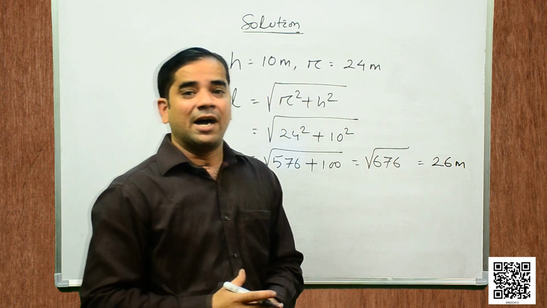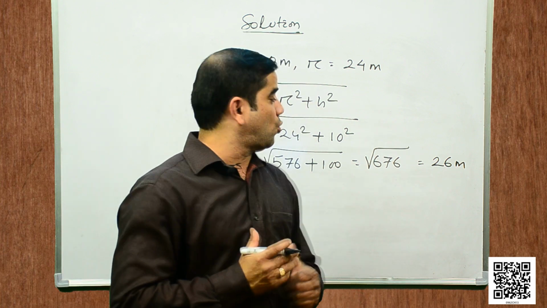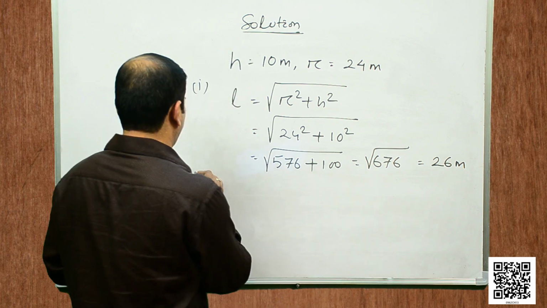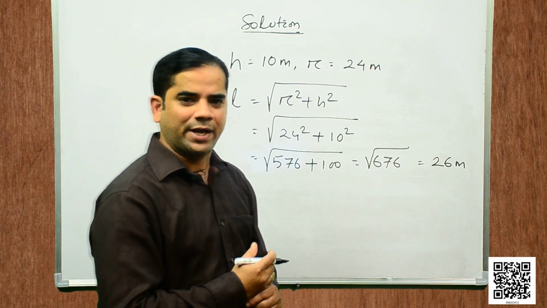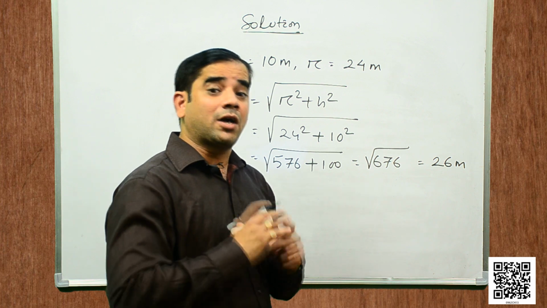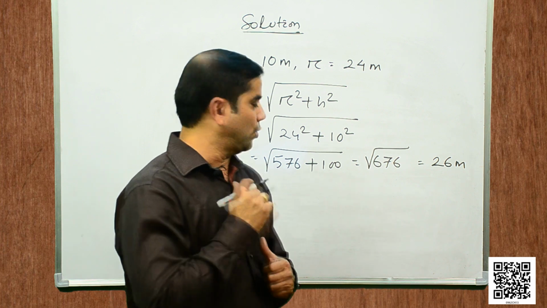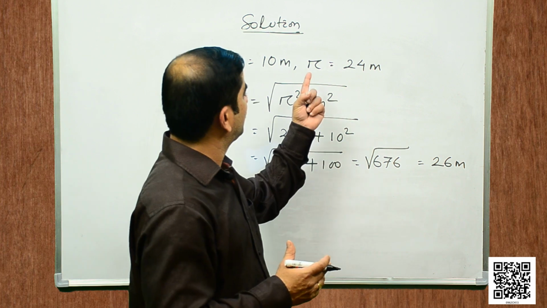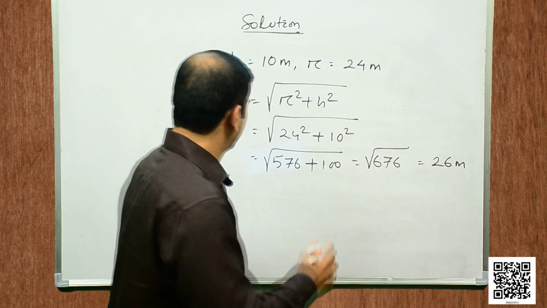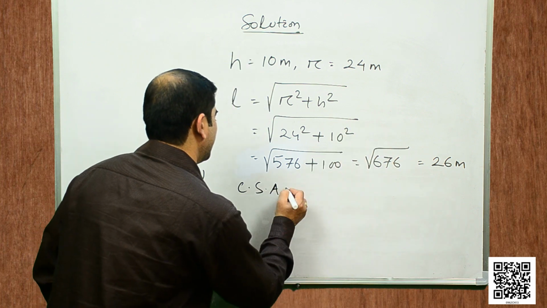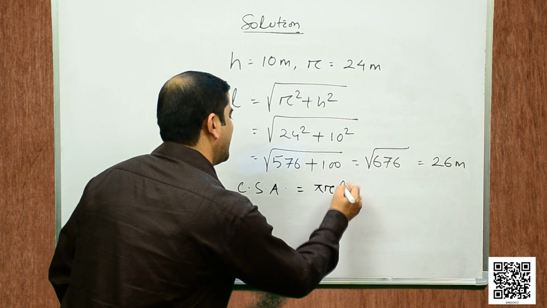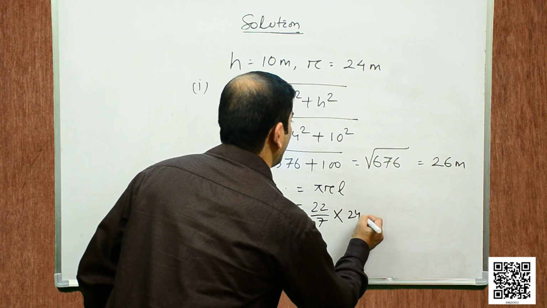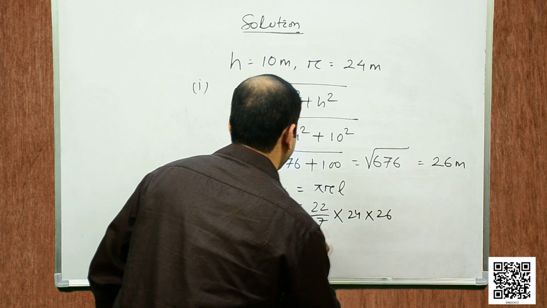So, the slant height of the cone is 26 meter. Fine. So, let us find the solution for bit 2. It asks for curved surface area of the cone. So, for curved surface area, we need R and L. We have R and we have L. So, curved surface area is equal to pi R L, that is 22 by 7 into 24 into 26.